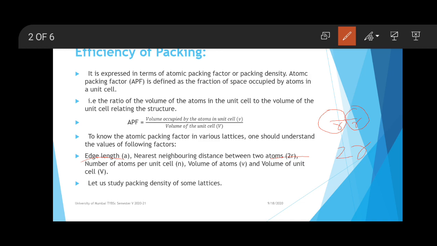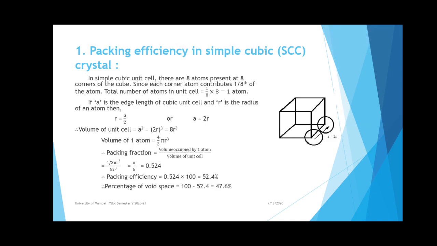Let us study the packing density of some solids. First is packing efficiency in simple cubic crystals. So do you know what a simple cubic crystal is? We saw in the seven crystal systems that when all sides of the unit cell are the same and all angles are also the same, equal to 90 degrees, then that crystal lattice is called a cubic lattice.